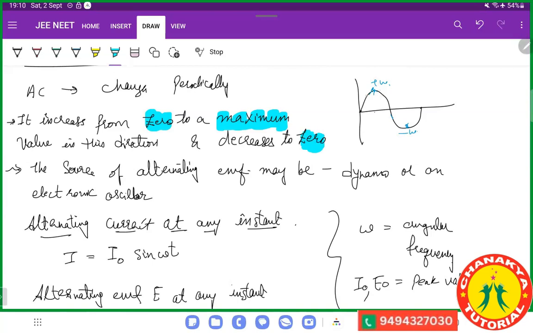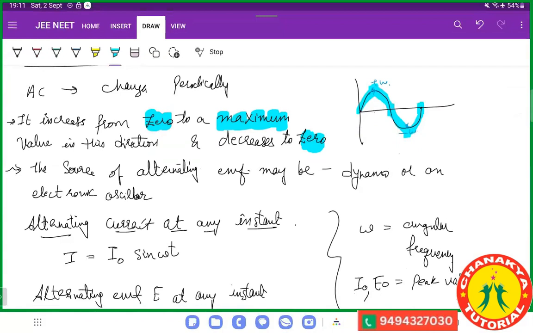Like this, it goes to maximum and goes back to 0, and again goes in the negative direction and again comes back to 0. While the DC current doesn't do that. It remains constant.